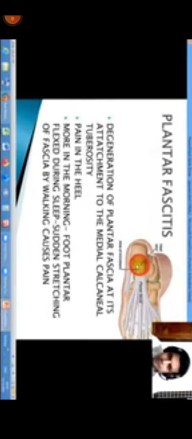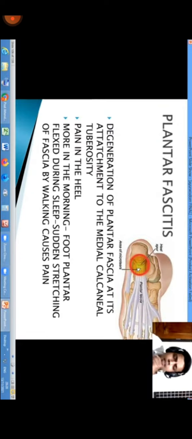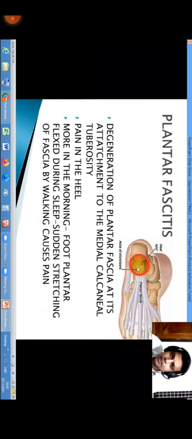And in my experience, the spur is not causing the pain. The inflammation is causing the pain. So in the X-ray we can see the spur, but don't worry about the spur, treat the inflammation.